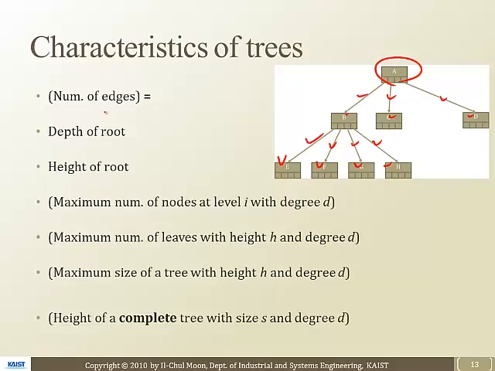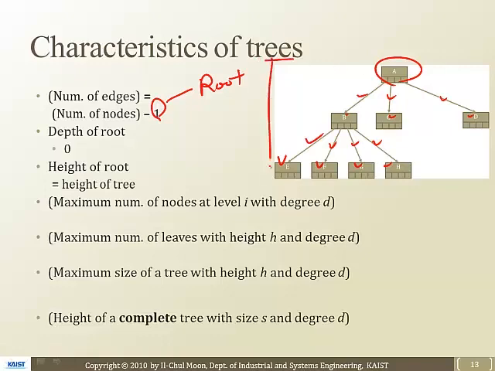So that means the number of edges is equal to the number of nodes minus 1, and the 1 is coming from the root, right? And the depth of the root is very easy. It's always going to be 0, right? And the height of the root is going to be the height of the tree. So this is the height of the tree, right? The height of the root is equal to the height of the tree.